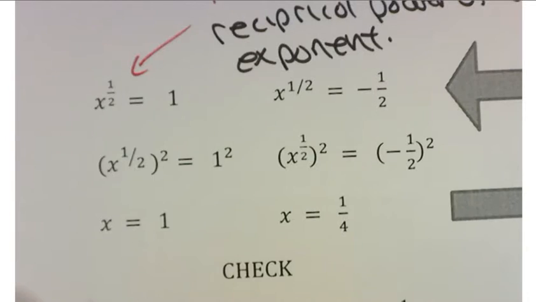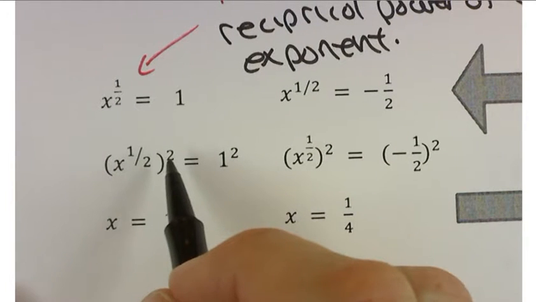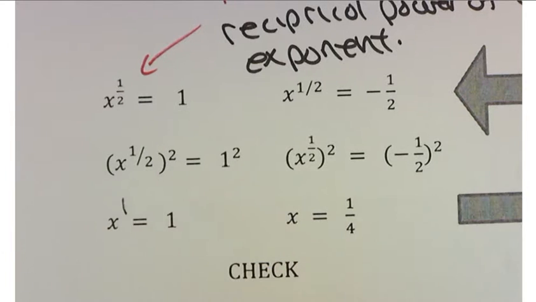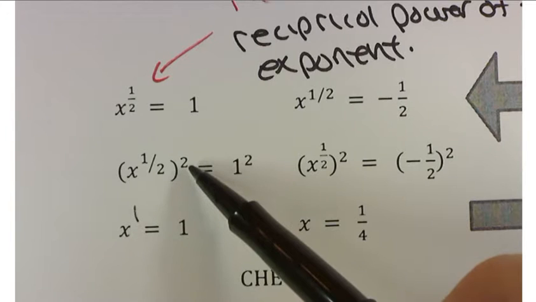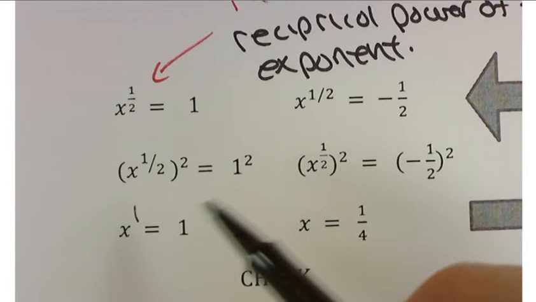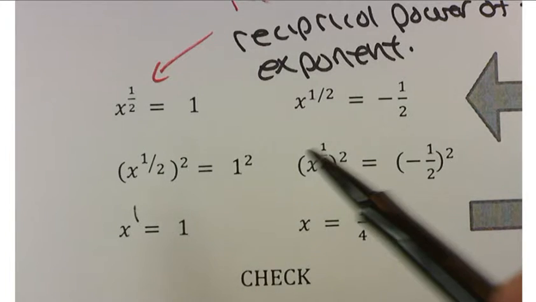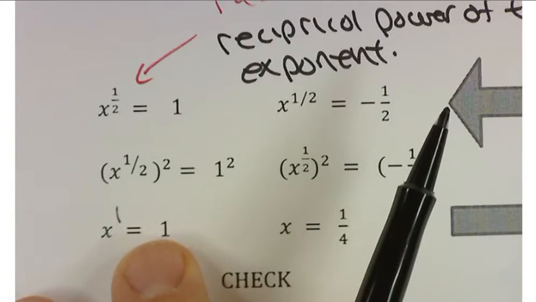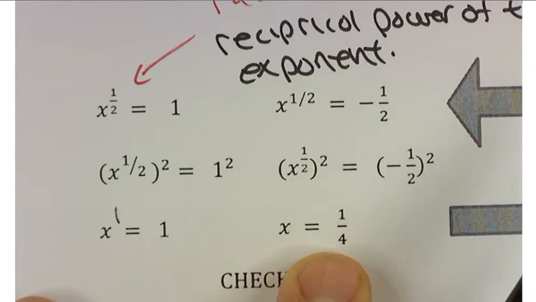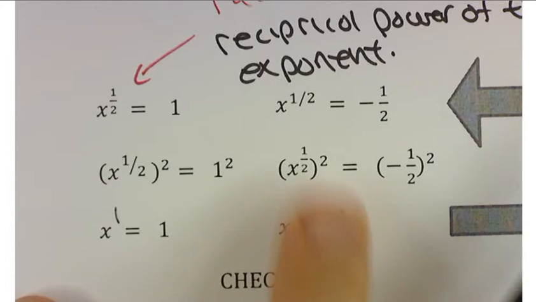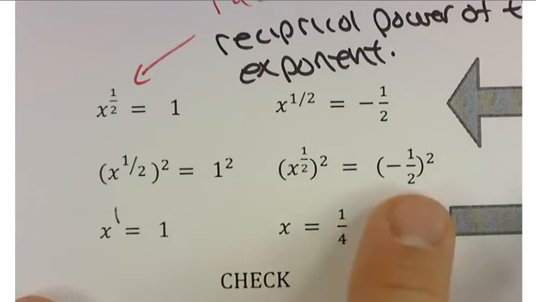Now when you square both sides, well, you get 2 times 1/2 is 1. And that's why this works so nicely, because when you multiply a number by its reciprocal, you get 1. It's a quick way to solve. So one possibility is x equals 1. The other one is x equals 1/4. When you square 1/2, you get 1/4.